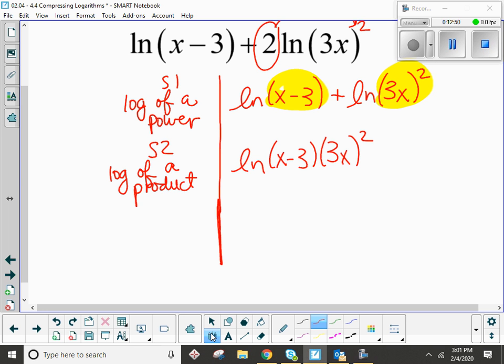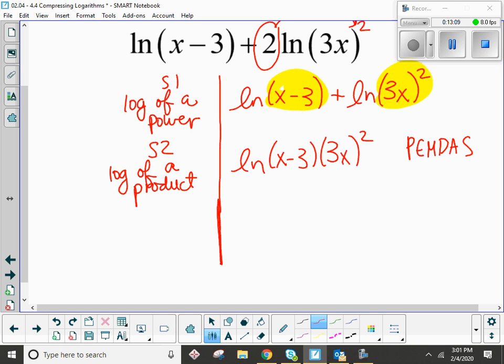What does it say afterwards? FOIL or distribute as appropriate. This isn't a FOIL, but this is a distributive property. Okay. But before I can distribute, what do I need to take care of? The squared, right? I have to do my order of operations, which says to do exponents first.